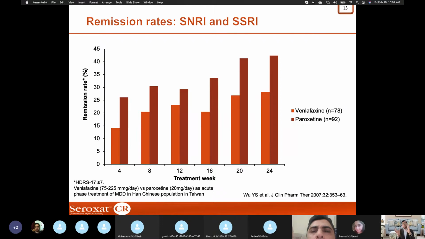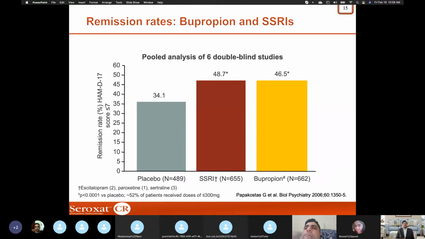Remission rates, SNRIs and SSRIs. Venlafaxine versus paroxetine. There are debates and various research papers quote variably. I won't focus on this slide, but I can tell you that there are patients who can respond best on venlafaxine and there are patients who can respond best on paroxetine. It's your choice what you feel should be given, and don't hesitate to prescribe.